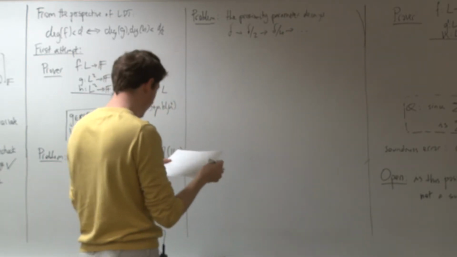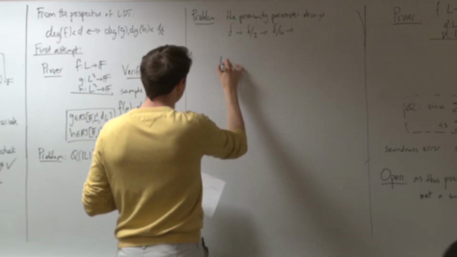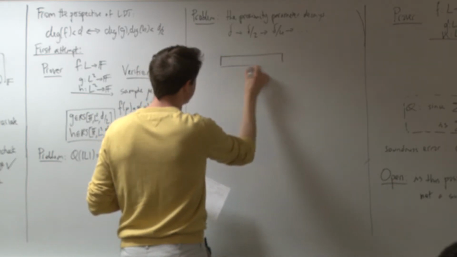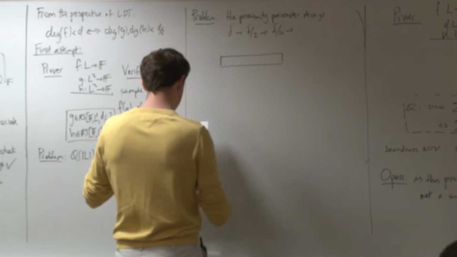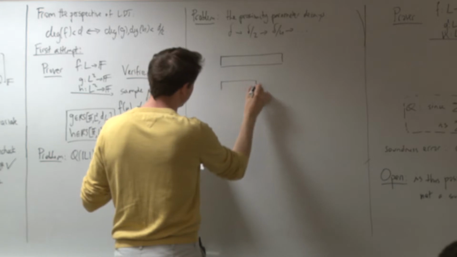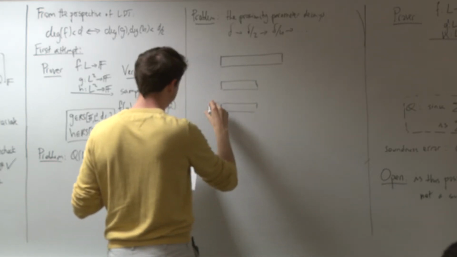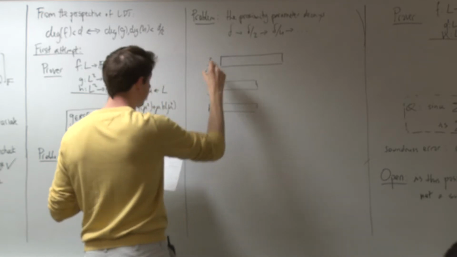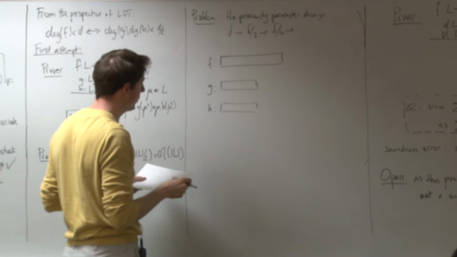So let me show that with a picture. So suppose that f has, let me make it big. That's f, and this is g, and this is h. Okay, so f is over L, and g and h are over L squared.